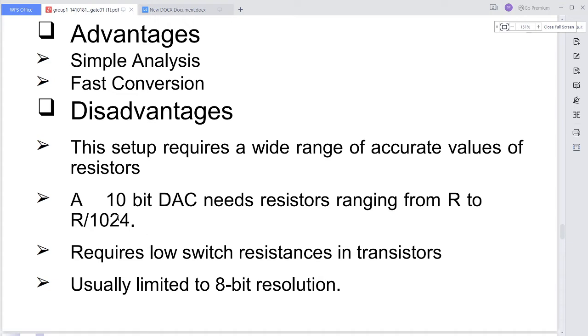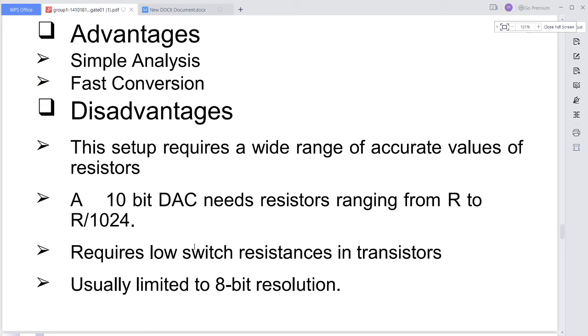So if I have 10-bit digital data, and I want to convert it into analog form using the weighted resistor digital to analog converter, it requires resistances from R to 1024 times R. That means 10 different types of resistors we need: R, 2R, 4R, 8R, 16R, 32R, 64R, 128R, like that. We have a wide range of resistors.